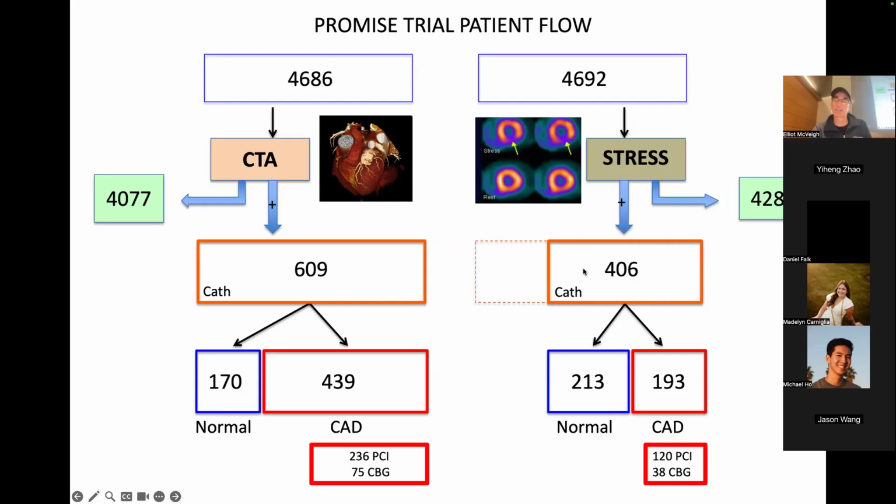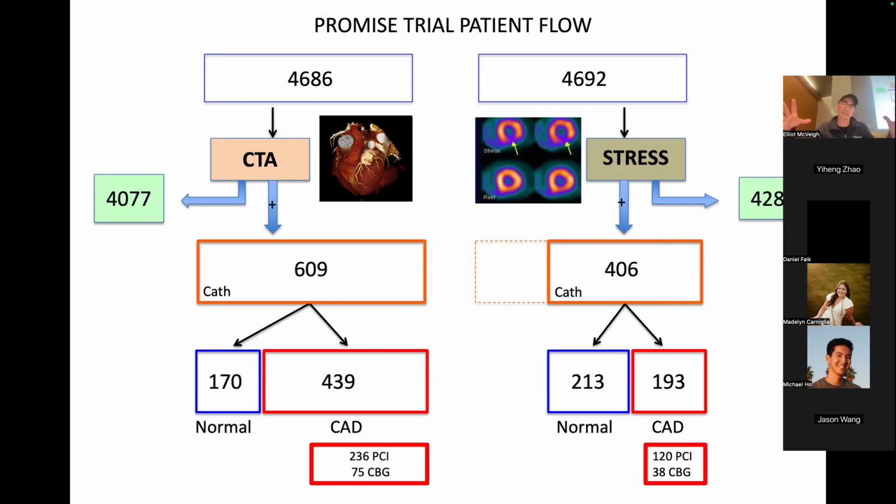So what happens next? These 406 that came out of nuclear medicine were sent to the cath lab. And so let's see what the ground truth is. Who has disease, who doesn't? 213 of the people that were sent to the cath lab were stone cold normal when they got to the cath lab. So basically, nuclear medicine said, this person's got the disease, send them to the cath lab.